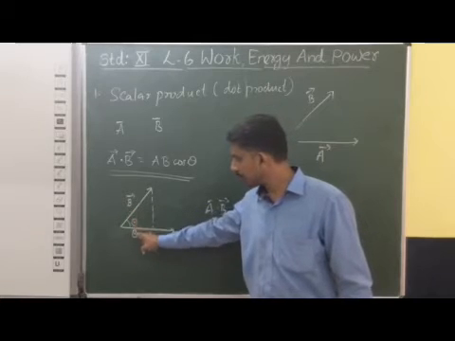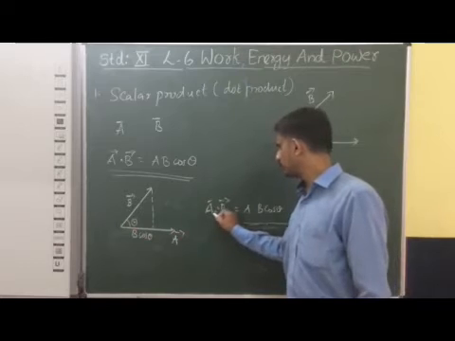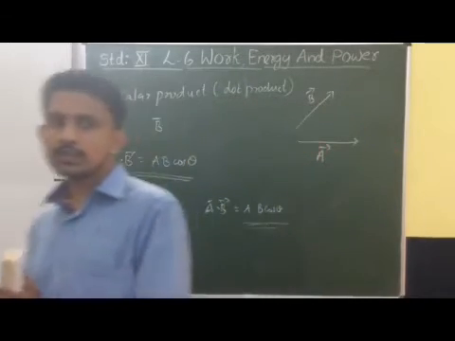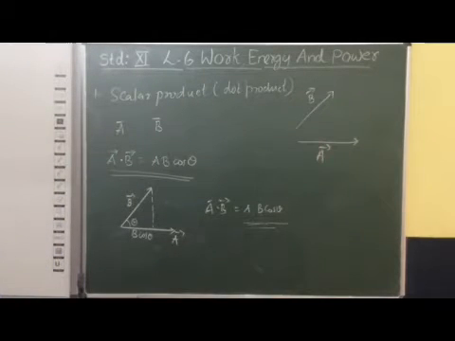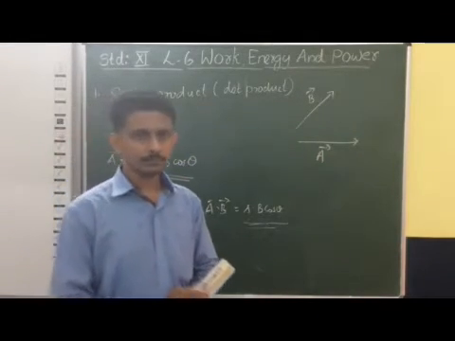So we get A dot B is equal to AB cos theta. This is the way we can multiply two vectors by the method of scalar product or dot product.